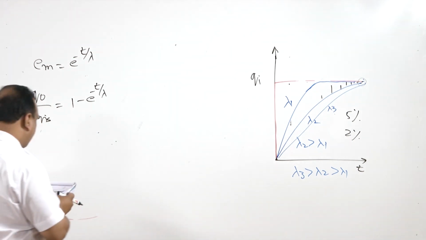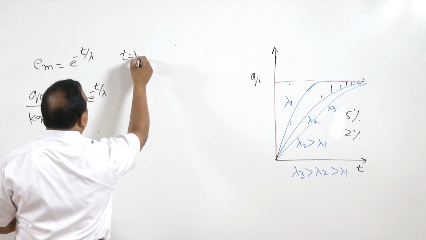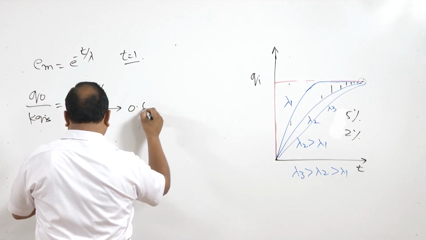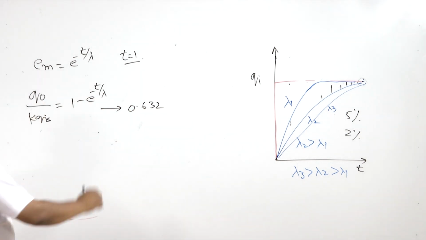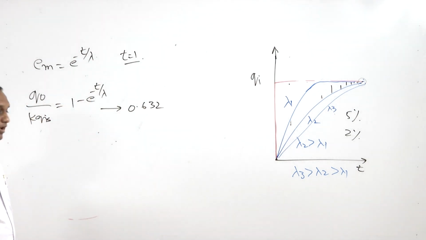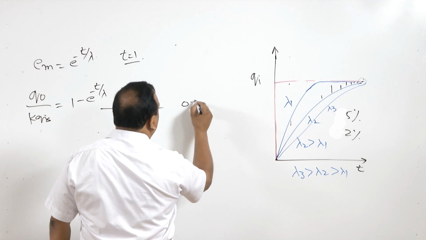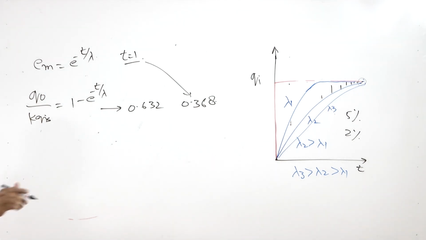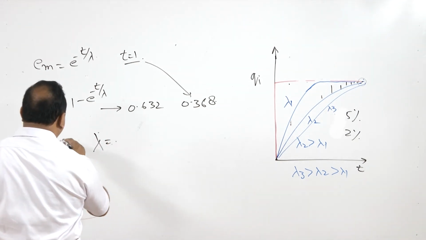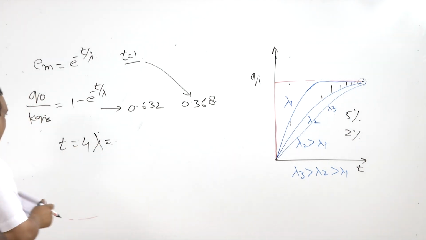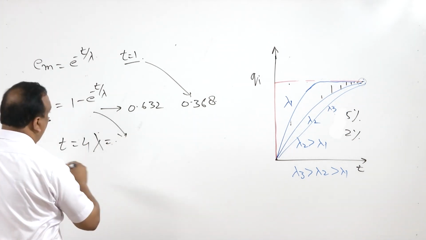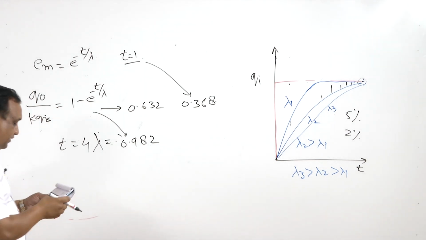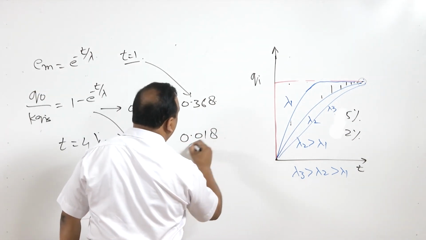So when t is equal to lambda, for the step input, the response was 0.632. The error is going to be 1 minus 0.632, so it is 0.368. This is the error in the measurement. And finally, when t is equal to 4 lambda, the input-output relationship was 0.982, so the error in the measurement is going to be 0.018.